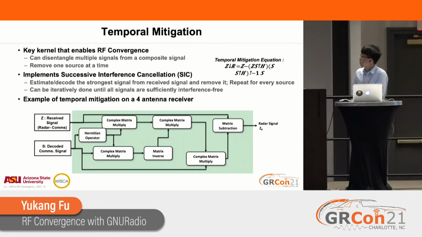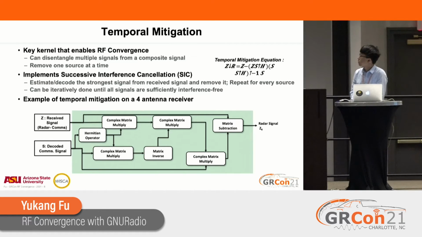About temporal negation, it is the key kernel that enables RF convergence. It can disentangle multiple signals from a composite signal, and it removes one source at a time. It helps implement successive interference cancellation in this system.